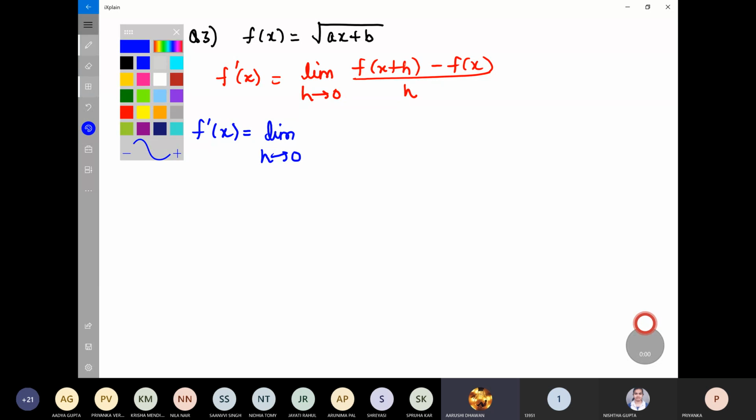So, ma'am, it will be root of ax plus b plus h. fx is this function. To find f of x plus h, what are you finding? You are saying it will be root of ax plus b plus h, is this your value? Yes, ma'am. Okay. And yes Sanvi? Ma'am, it will be root of a into x plus h plus b.